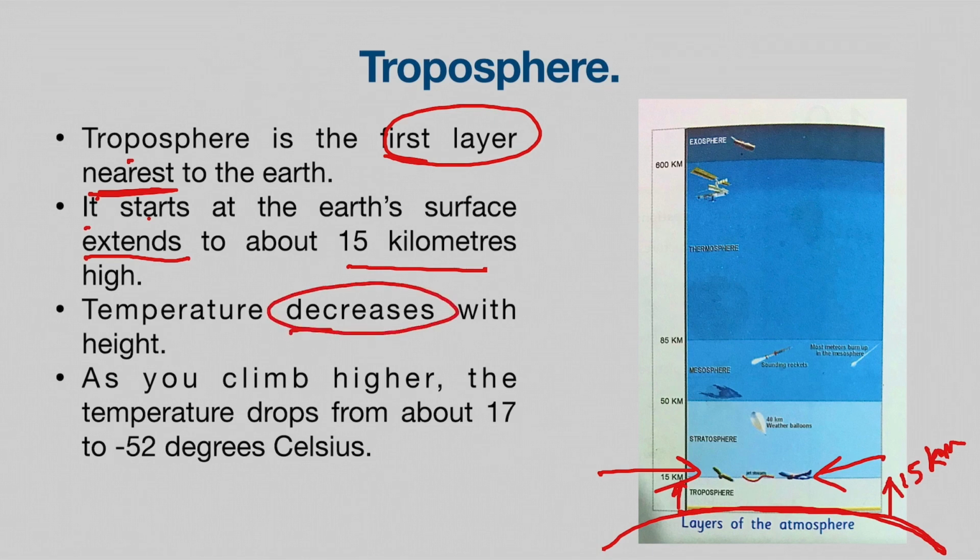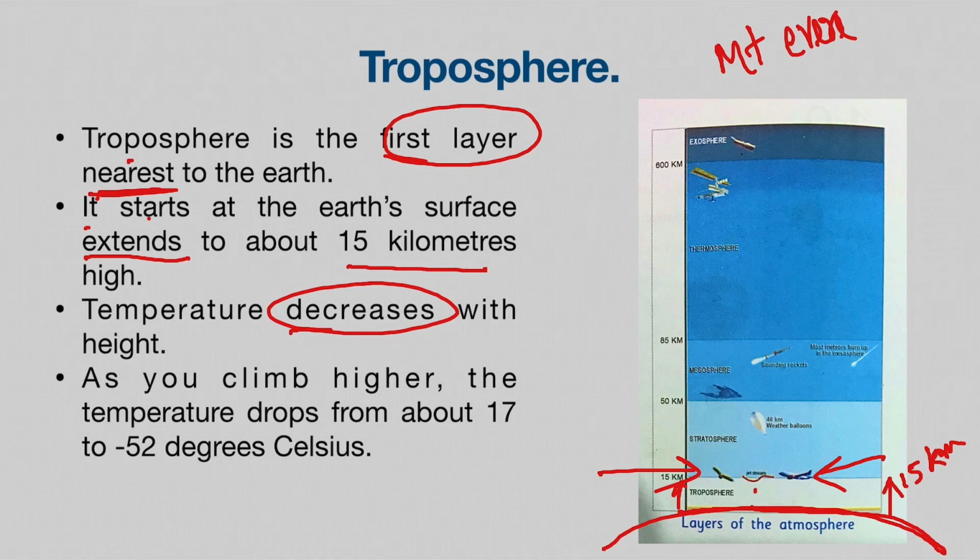That means as you go higher and higher, the temperature will keep on decreasing. You must have seen or noticed in mountains, right? Suppose the Mount Everest, the very top of the mountain, it is always covered with snow, right? Because at the top of the mountain the temperature is very low.